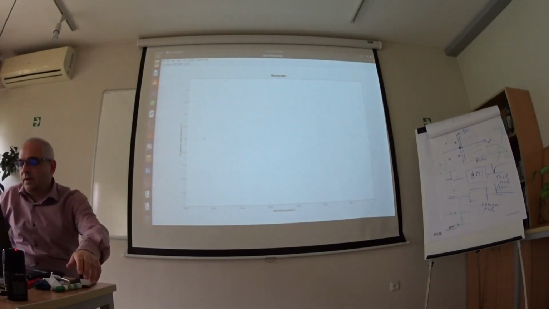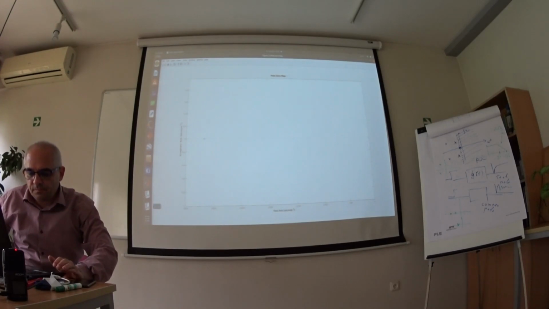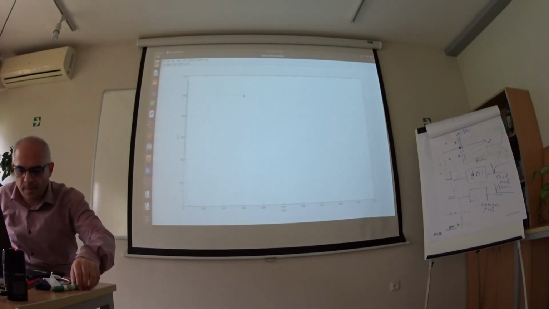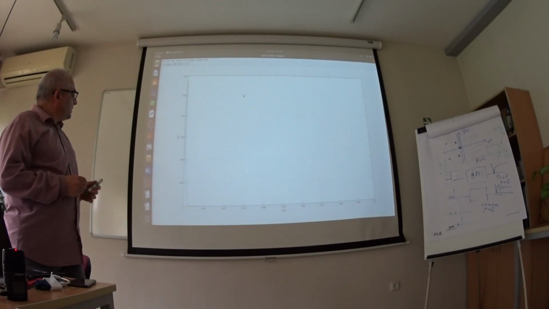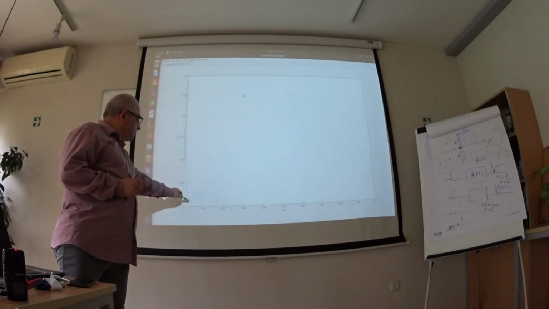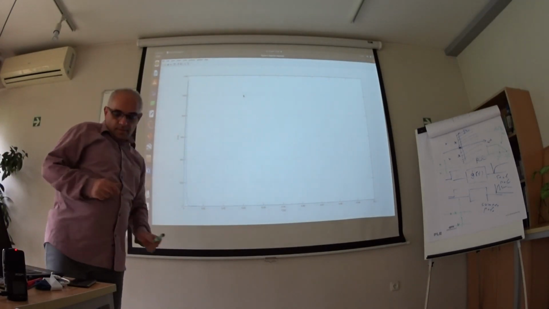This is a critically damped system. The impulse and step response decay very fast, but we don't have any oscillation here.